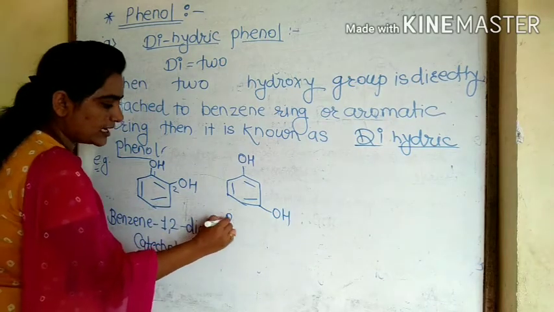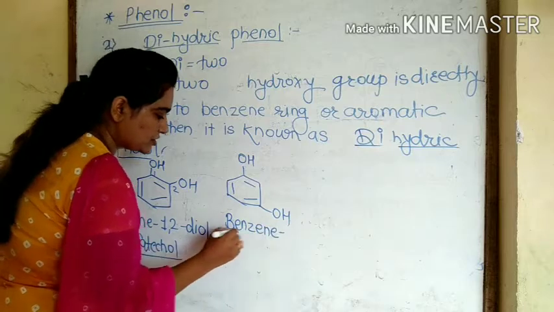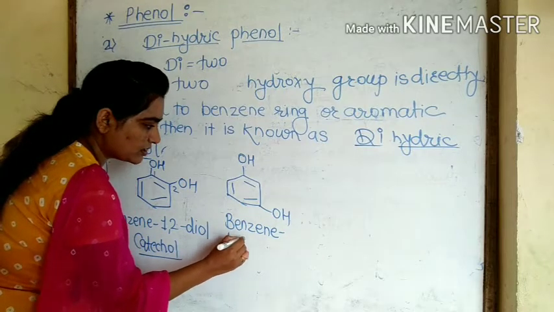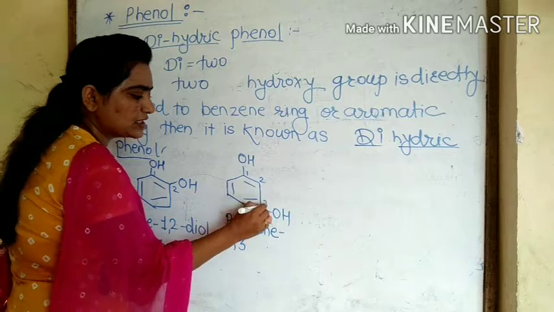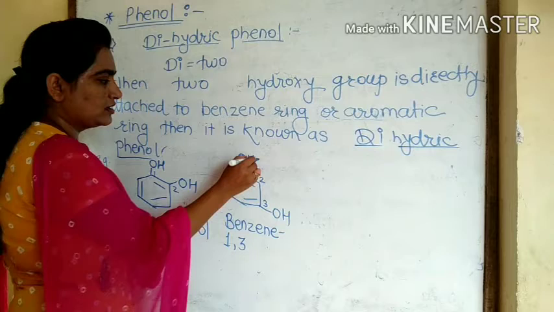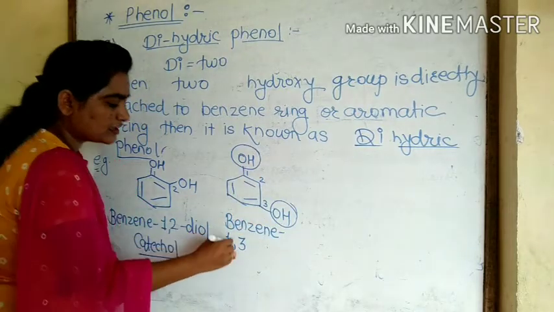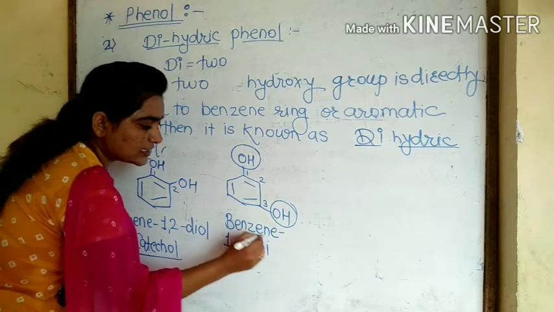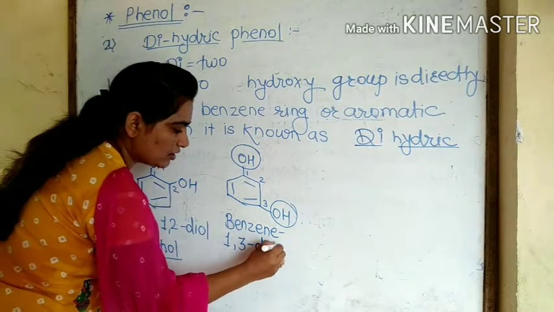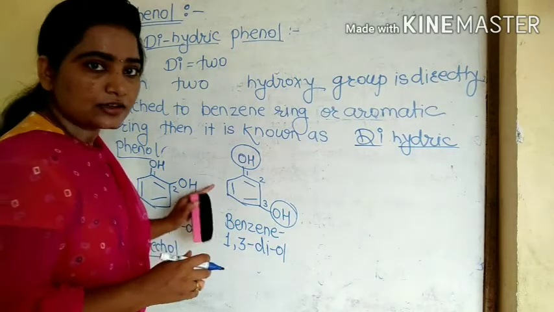So it is called benzene-1,3-diol. Here 1, 2, 3. Because at the first position and at the third position there is presence of a hydroxy group. So benzene-1,3-diol. Okay. It is also called resorcinol.